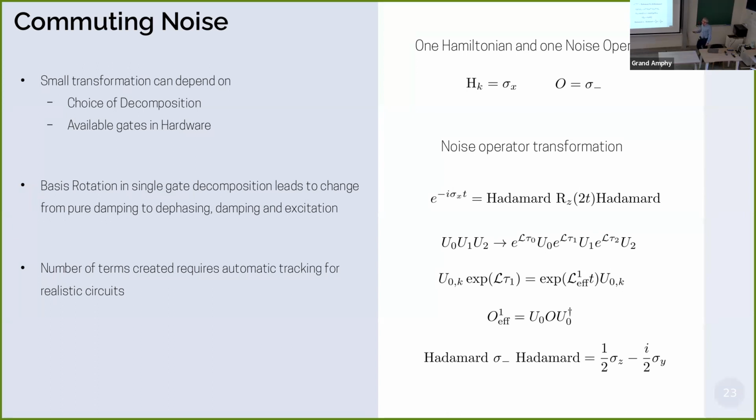Now you have your noise operator sigma minus coming in, and you want to commute your noise term through this Hadamard gate in front. So what happens? You have to calculate the effective noise operator by transforming your original noise operator, and out of sigma minus, you get sigma minus minus i half sigma y. Yes?